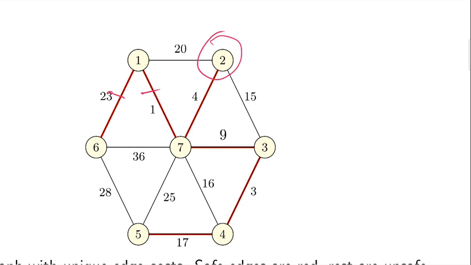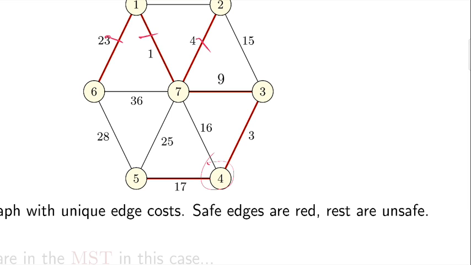This edge is safe if you look at the cut between this vertex and all the other vertices, right? So this is safe, good. If we take this vertex, then this edge is safe. If we take this vertex, then this edge is safe, right? The vertex 5 against all the other vertices, the edge of price 17 is the cheapest. So we verified all the edges are safe except for this edge here.